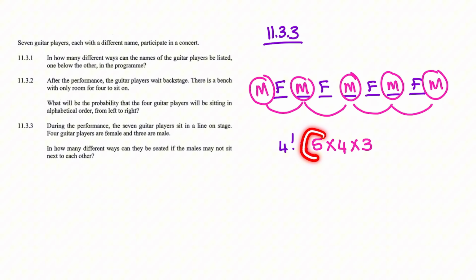Once he is seated, the other males have 4 options left. And once the first 2 are seated, our last male only has 3 types of seats that he can still occupy. And that total is 1,440 ways in which they can be organized with men not sitting next to each other.